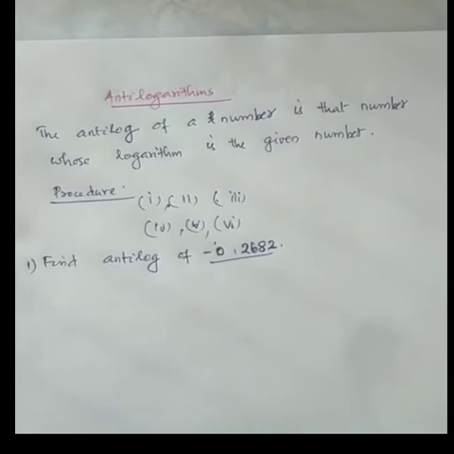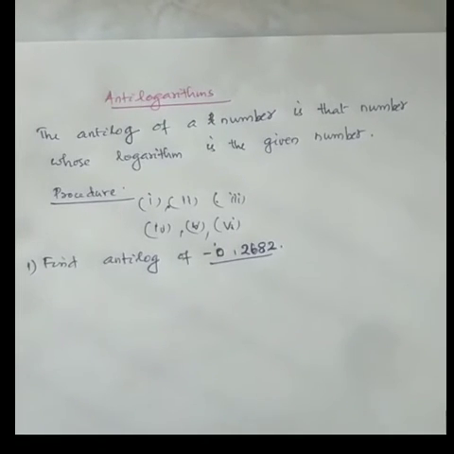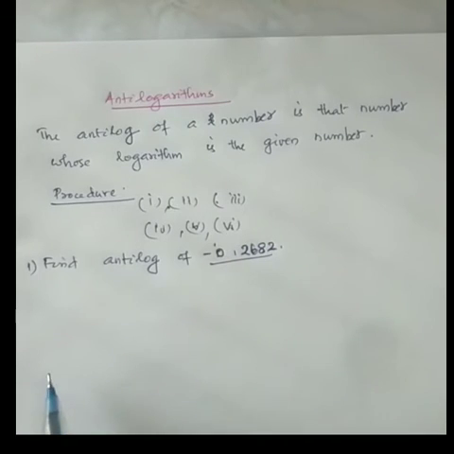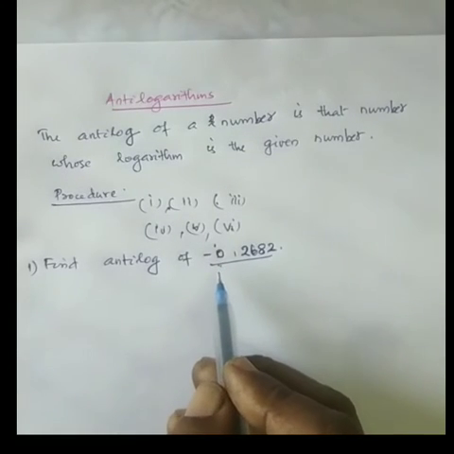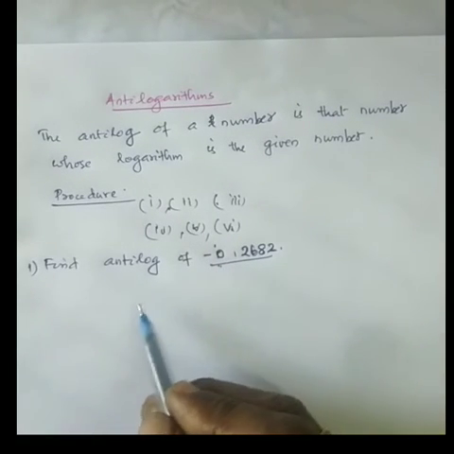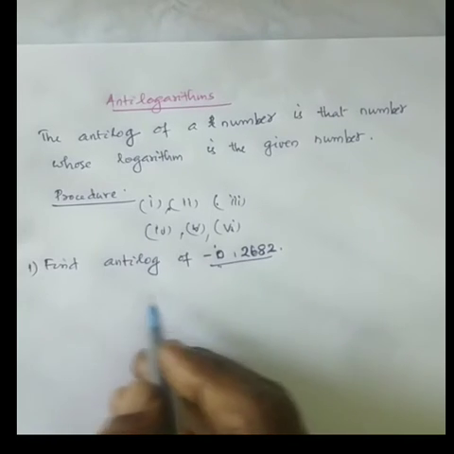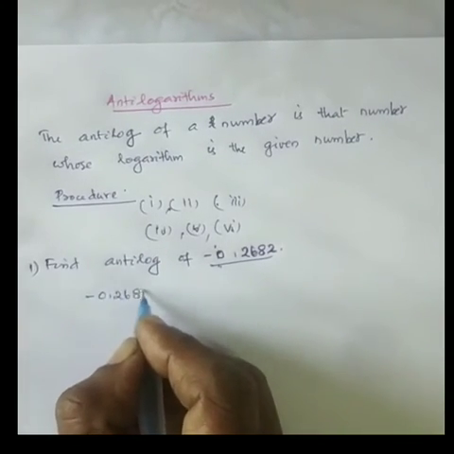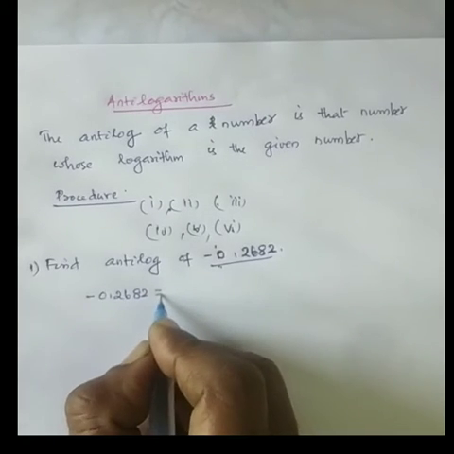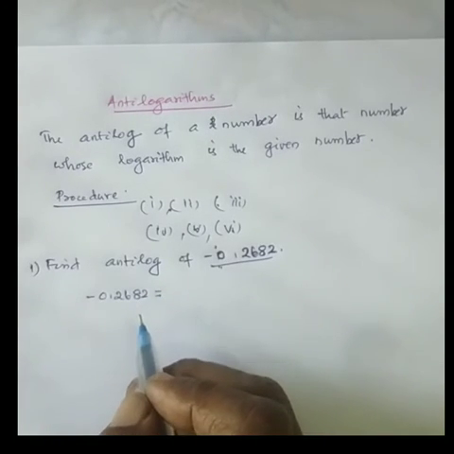Find the antilog of -0.2682. Now let's see the solution. Here the given number is negative, so we have to convert the mantissa into positive. We convert the mantissa into positive.